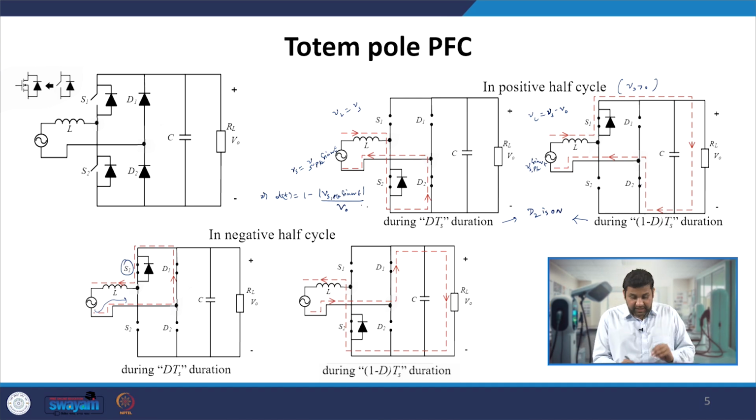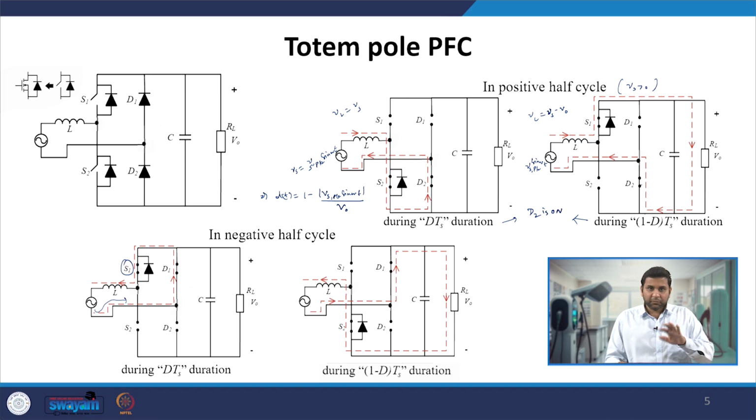However, we see that in the positive half cycle, S2 is switched with this duty cycle, and S1 is switched with 1 minus this duty cycle, while in the negative half cycle it is S1 which is switched with this duty cycle value, and S2 is switched with 1 minus this duty cycle value. So the duty ratio with which S1 and S2 are on gets changed in every half cycle.